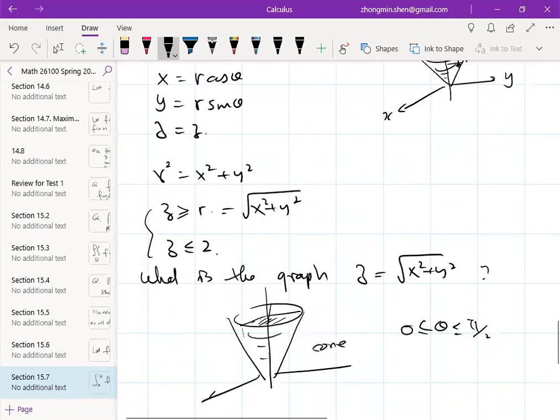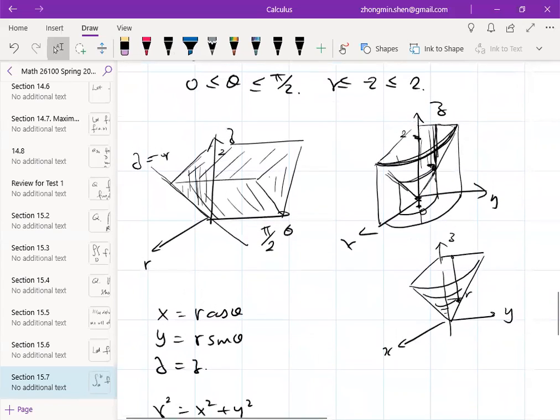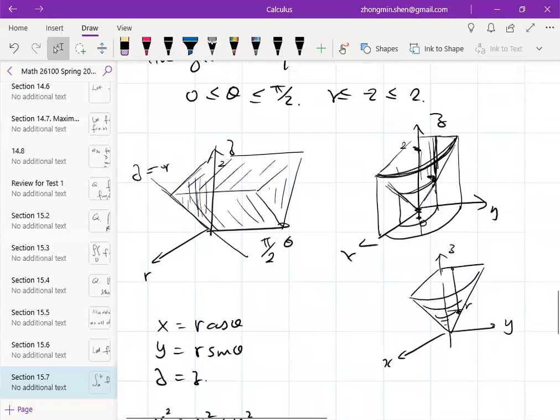Then you see that for any fixed x, y, z is between the square root of x squared plus y squared and 2. But z equals the square root of x squared plus y squared is a surface, which is a cone. So we get the same picture, but it's hard to see how we make it from here to here.